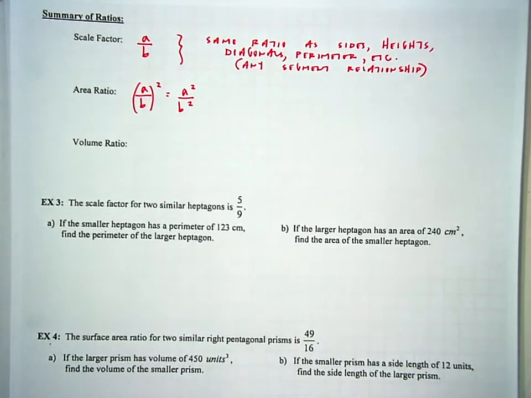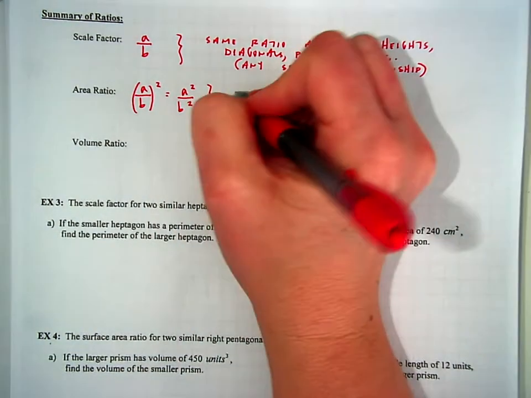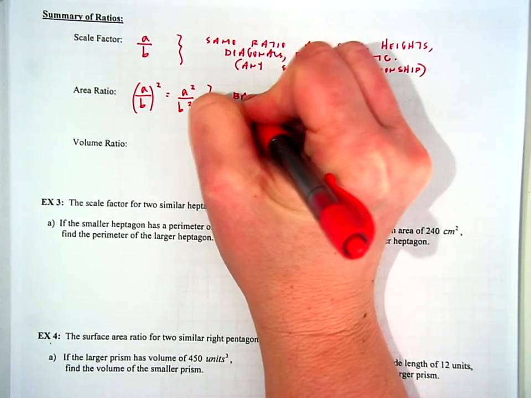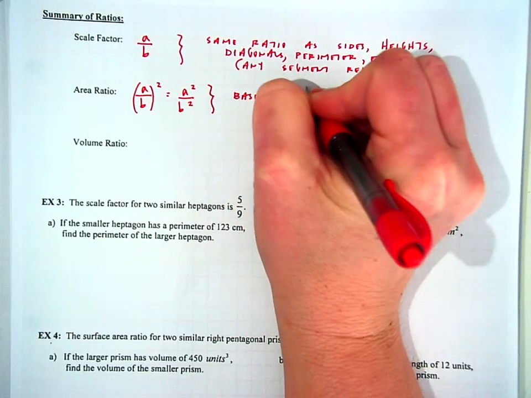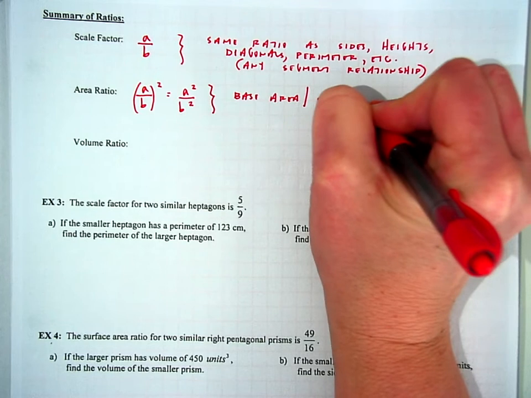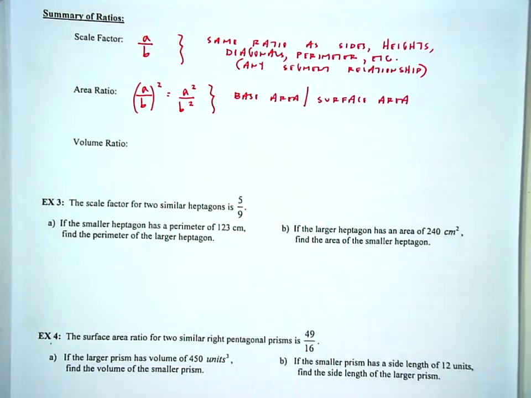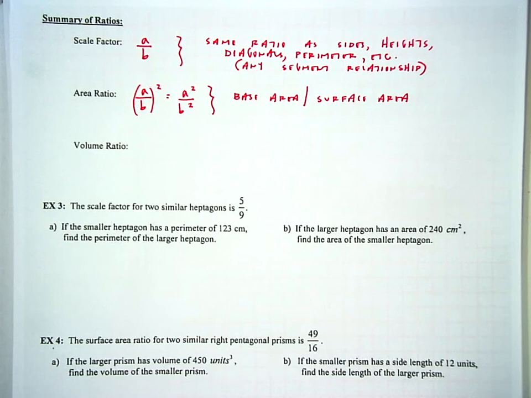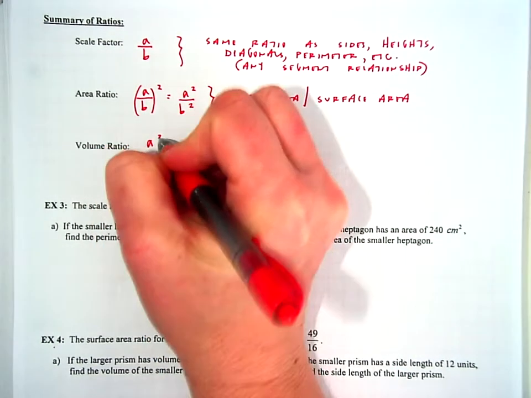Okay, and then the area ratio, we're just taking that scale factor, A to B, and we are squaring it, so it becomes A squared to B squared. So that would be true for anything that's area. And now that we're moving into three-dimensional shapes, that means it could be talking about base area, but it could also be talking about surface area.